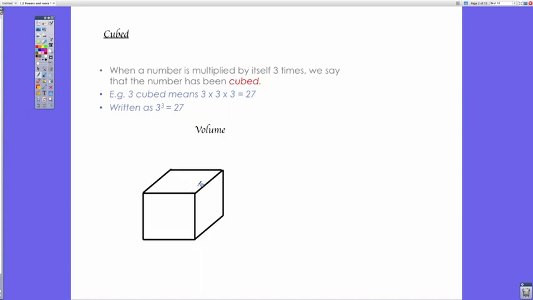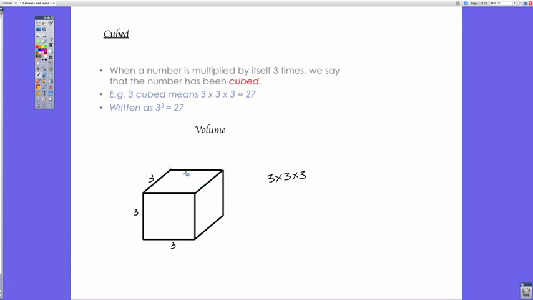If I have a look at this cube, we can use it to work out the volume. I know that my length is 3, my height is 3, and the depth of this cube is also 3. We know that to find the volume of a cube, we do length times width, and then times the depth. So that's 3 times 3 times 3, and that's how we get the term cubed.